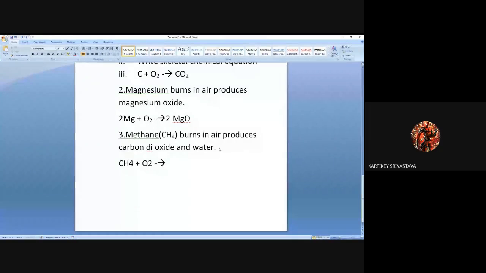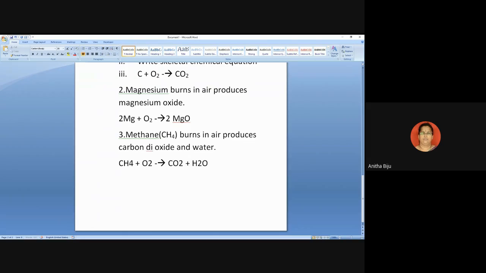Ma'am, the answer is CH4 plus 2O2 equals CO2 plus 2H2O. CH4 plus, okay, what is the word equation? I'm asking the word equation. Word equation means methane plus oxygen gives carbon dioxide plus water.